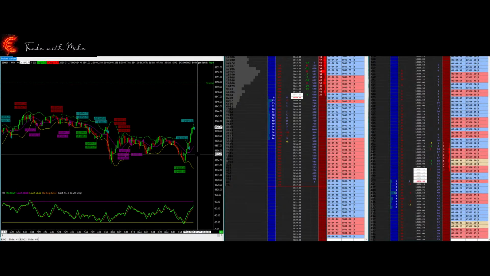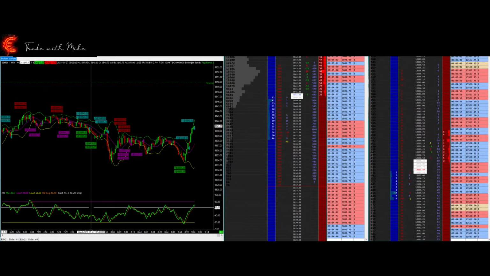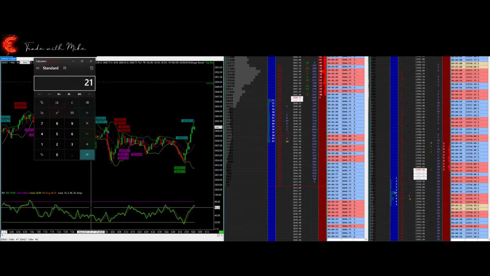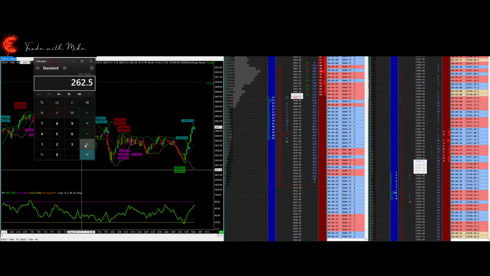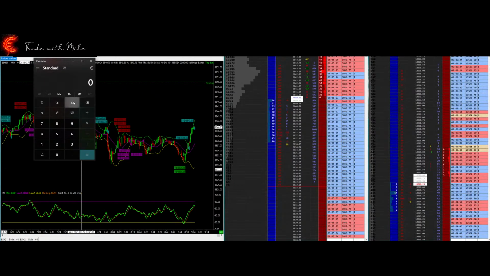5.25 of a point. So that's 21 ticks. 21 multiplied by 12.50, that's 262.50, minus like 3.80 is my commission. I believe that's almost $259, almost $260 on this contract, right?